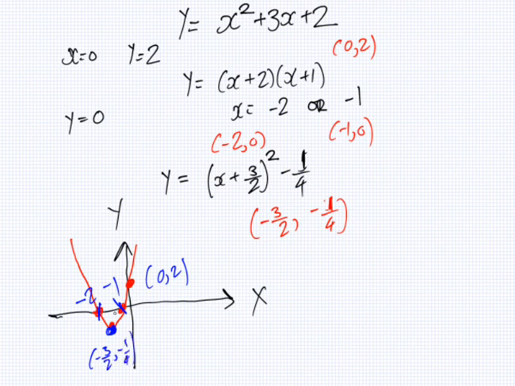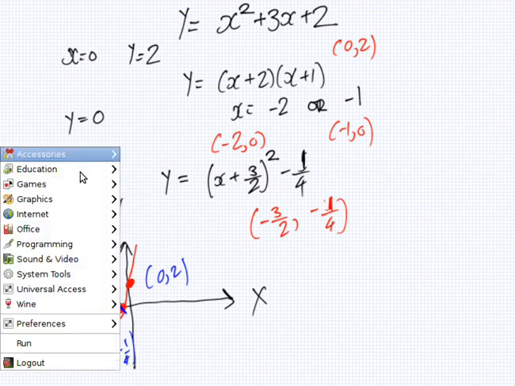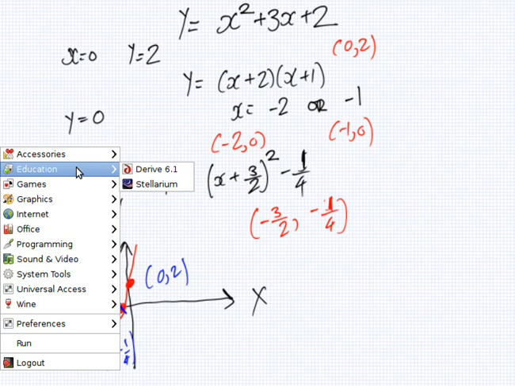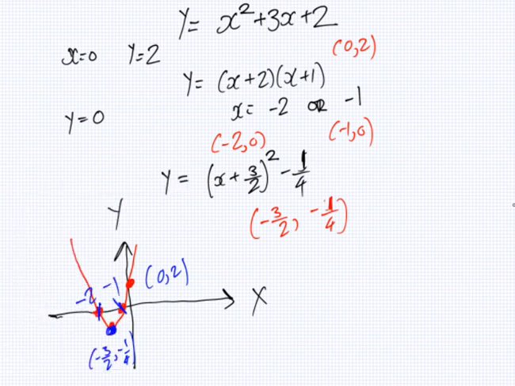I get this, which gives me this. And now I have a problem, because I can do this, but I can't do this. So this is a good example to show you that it's not always possible to find the roots, but it is always possible to find the turning point.